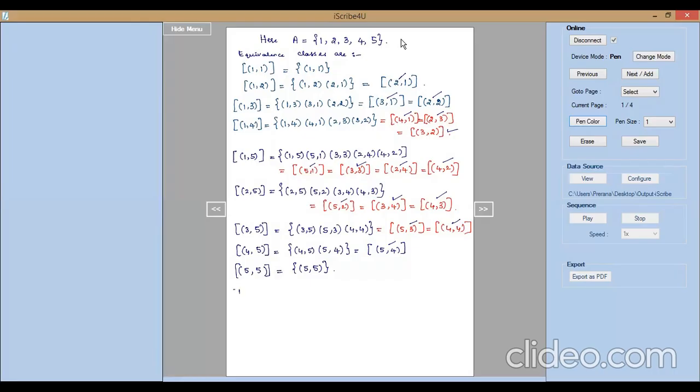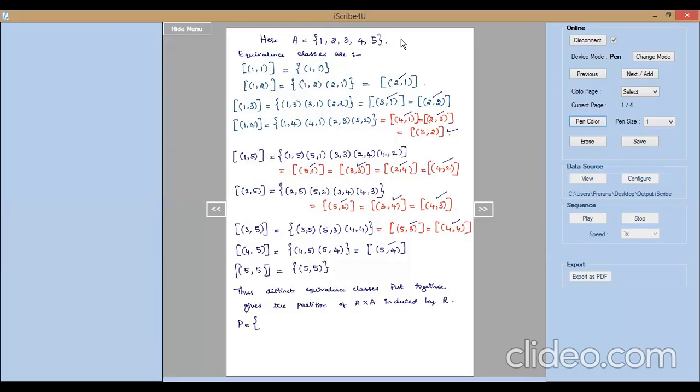Thus, distinct equivalence classes put together give the partition of A cross A induced by R. So partition P is equal to, we'll put them together, the equivalence classes which are distinct.